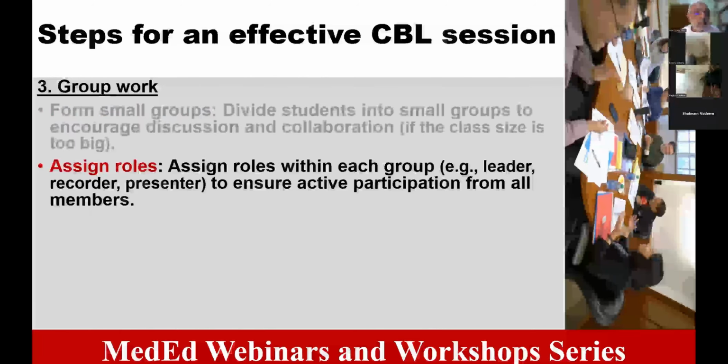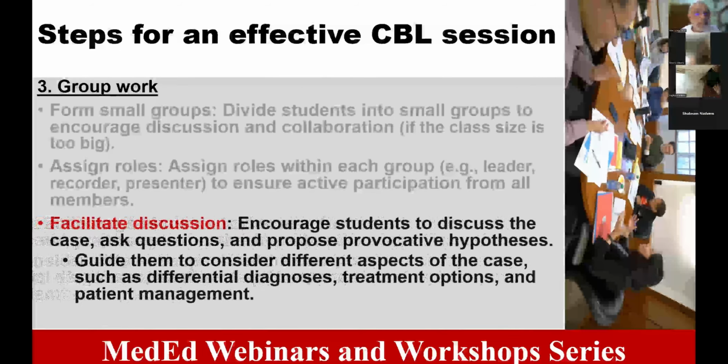Then assign the roles within each group: who is the leader, who is recording, who is going to present, so that there is active participation from all members. And then facilitate discussion, encourage students to discuss the case and ask questions.